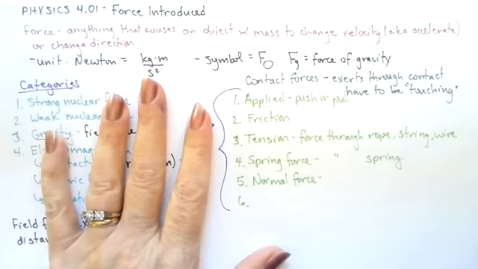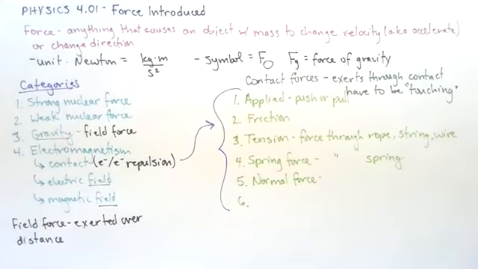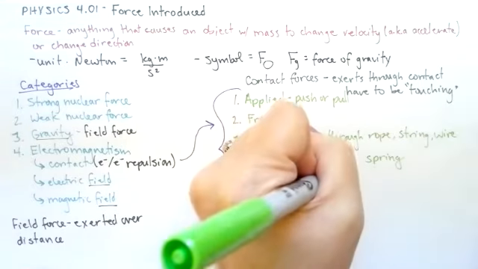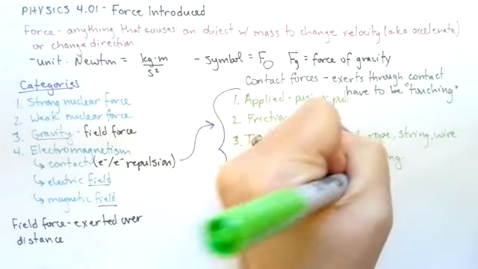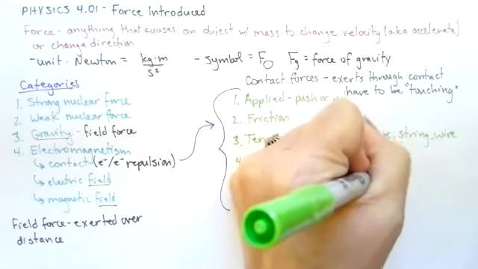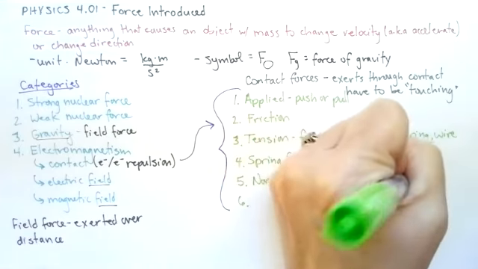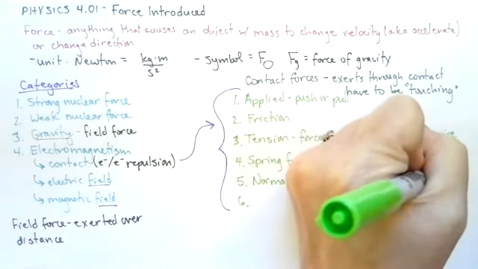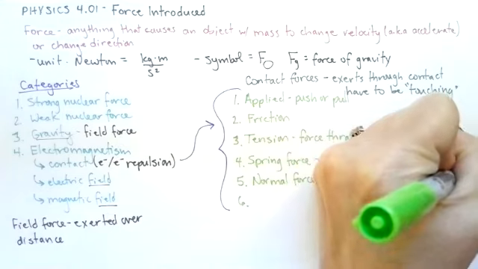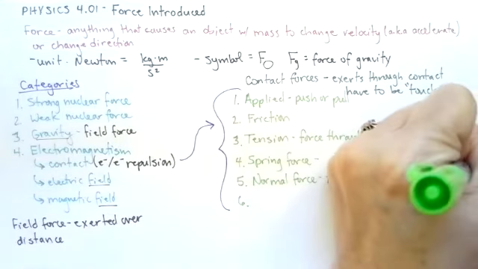There's a force exerted on my hand by the table at a 90-degree plane, and that's the normal force. So this is the force exerted by a surface at 90 degrees.